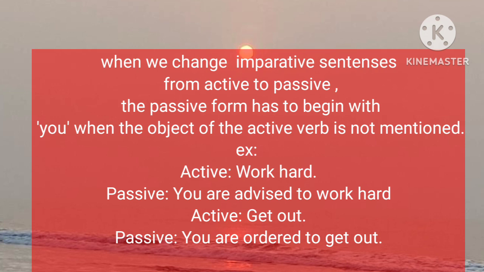So, we started the passive sentence with you: you are advised. Get out. It's an order, and the object is not mentioned here. So, you are ordered to get out.